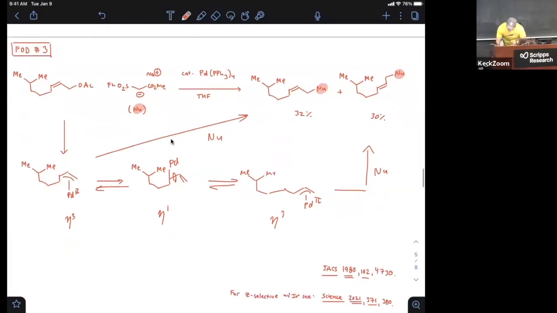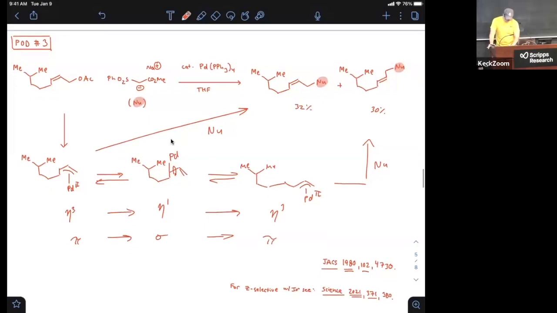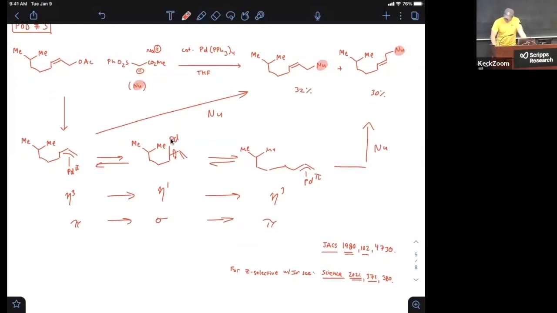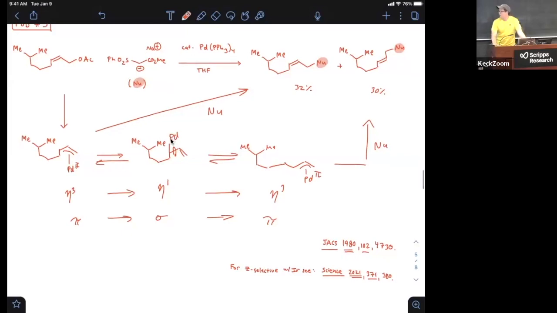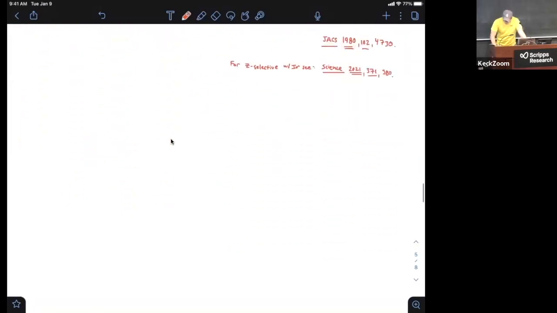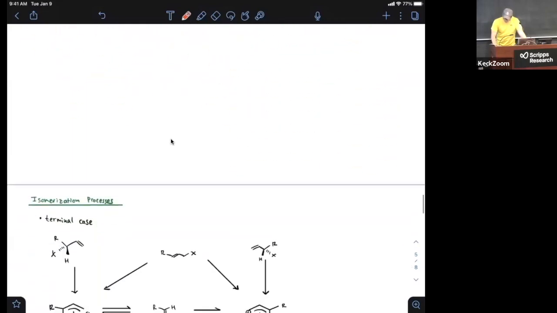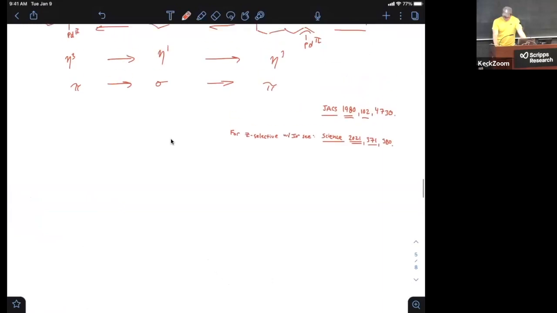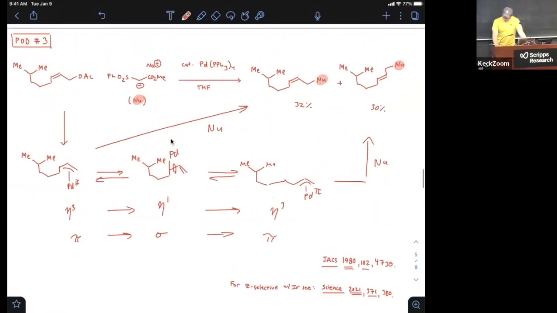And the key is this eta-3 to eta-1 to eta-3, or sometimes called pi to sigma to pi isomerization mechanism. Questions on that? What is the driving force for that to go from eta-3 to eta-1? Well, in this case, it would probably be that if you consider this intermediate versus this intermediate, you would probably say that the one on the left is more strained.